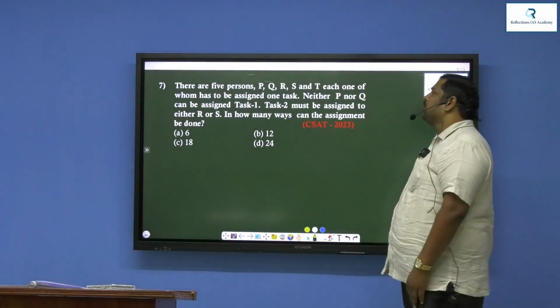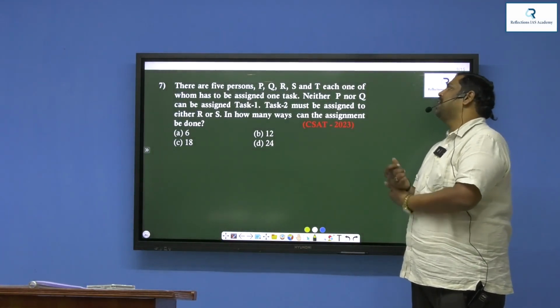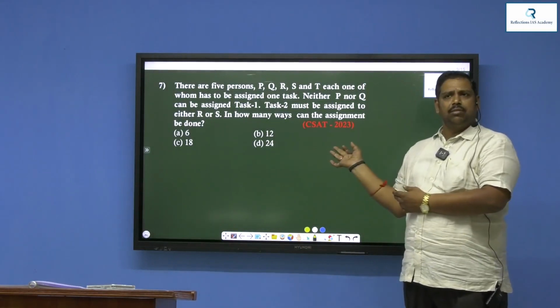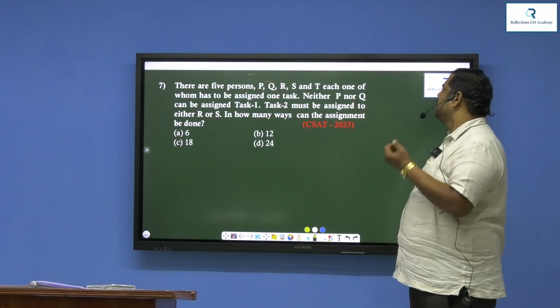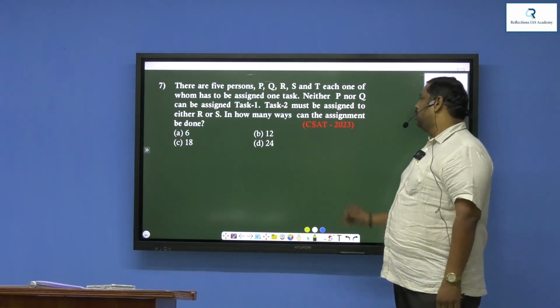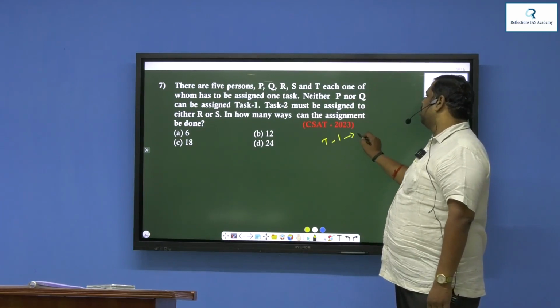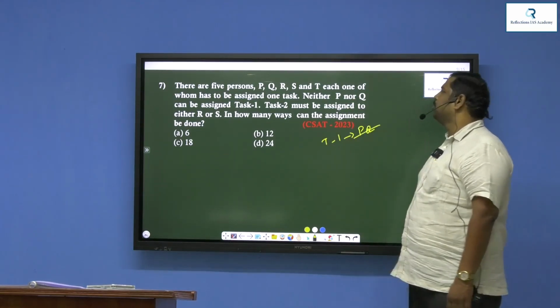Right, there are 5 persons P, Q, R, S and T, each one of whom has to be assigned 1 task. A similar question. They have not named earlier 5 persons, he said, now they have named it. Neither P nor Q can be assigned to task 1. Okay, task 1 should not be given to P or Q. Okay, strike out.